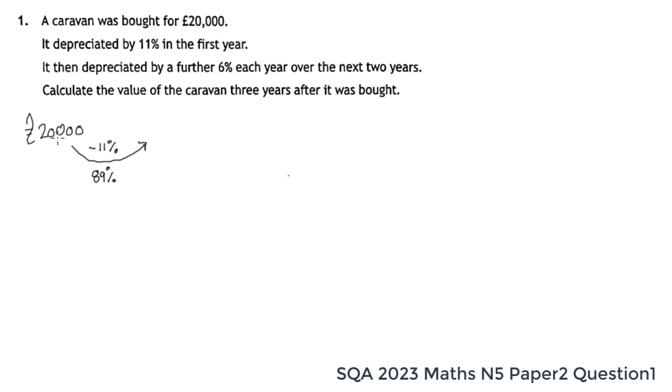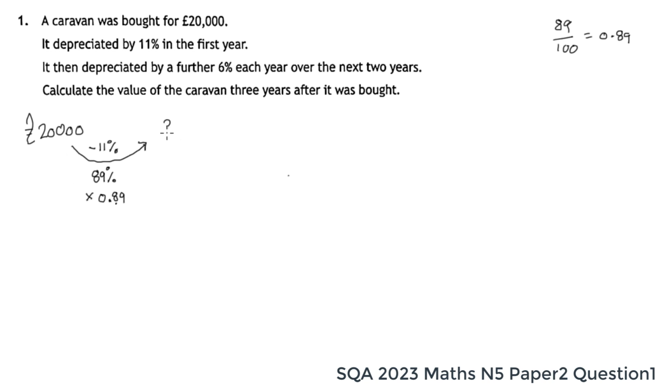Now, to find 89% of a quantity, you multiply it by 0.89. After all, 89% is 89 hundredths, which is 0.89. So multiplying this by 0.89 will give you a value which is 11% less than it started.